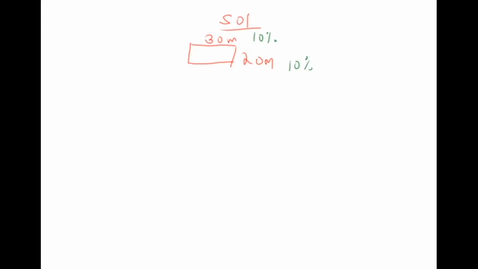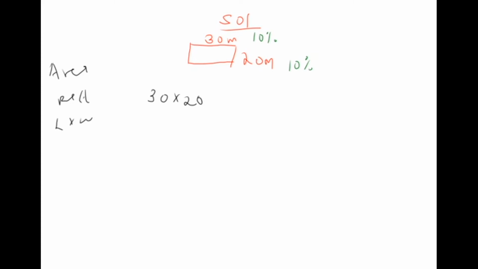Therefore now from there we can proceed as follows. First, let us get the area of the plot before the increase. So the measurements are 30 meters by 20. Therefore we have 30 times 20, because this is a rectangle, and for the area of a rectangle we use the formula length times width.